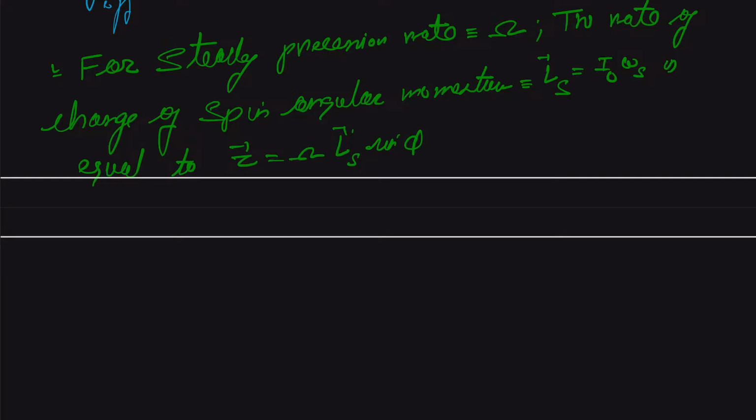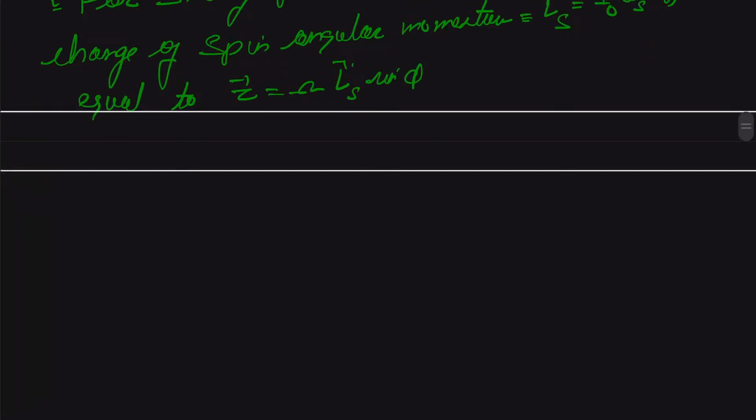For that, we have our g effective here, and the angle from the vertical is given as phi, so this angle will also be phi.